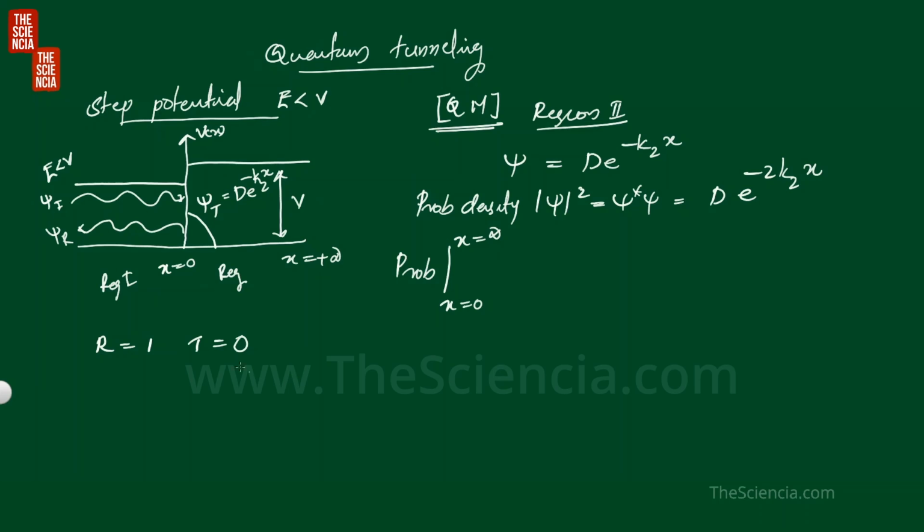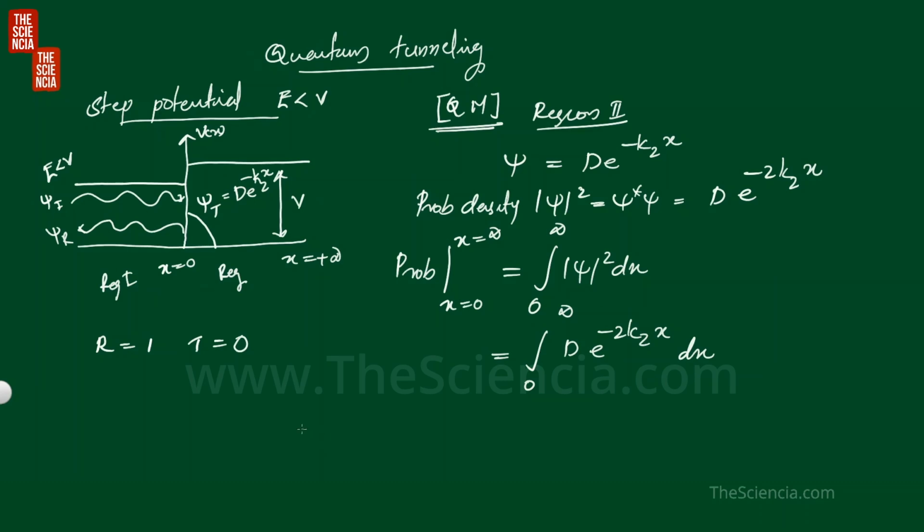And we can check what will be the probability of the particle to be found in the region x equal to 0 to x equal to plus infinity. This is equal to the integral from 0 to infinity of the probability density, mod psi squared dx, that is the integral from 0 to infinity of D squared e raised to minus 2k2x dx.